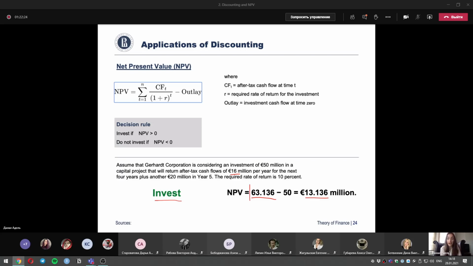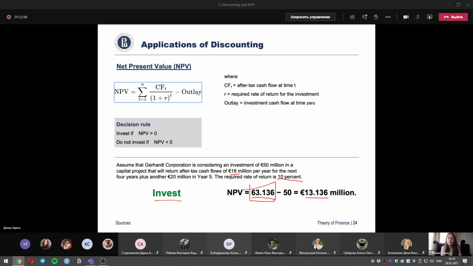These cash flows cover our initial investment, and they are higher than if we invested this 50 million in some other project with a 10% rate of return.